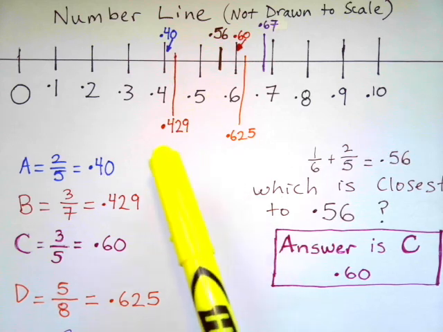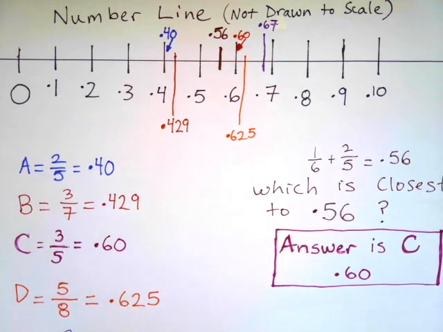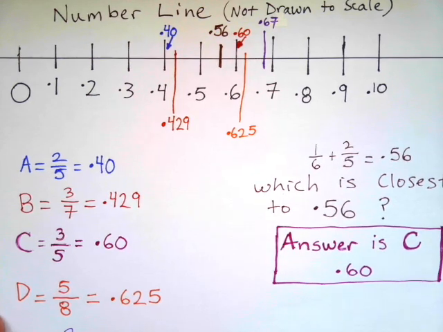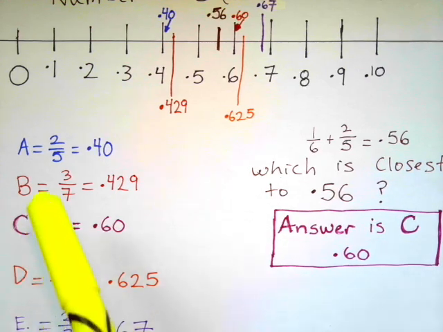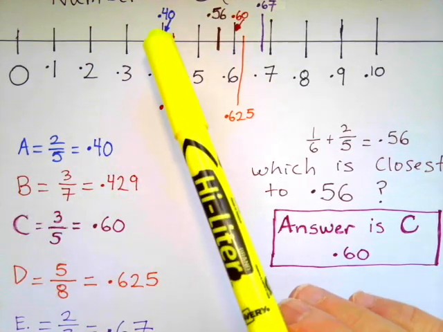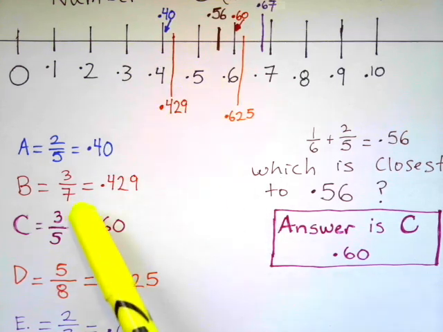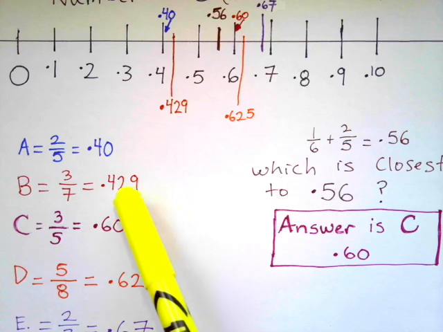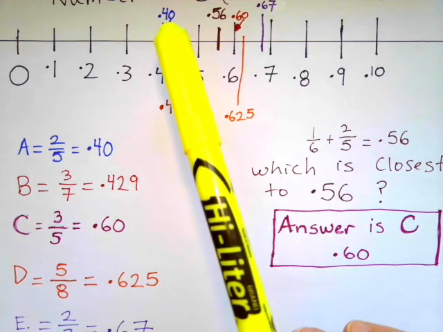And I'm placing these values of A through E. And if you can see, again, the number line is not drawn to scale. I just use this to give you a visual representation. A is represented by 0.40. It's right on 0.4. B, 0.429 or 0.43, you could round that up, is right here.